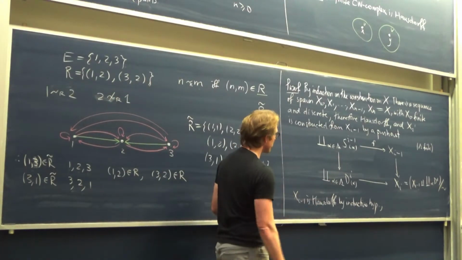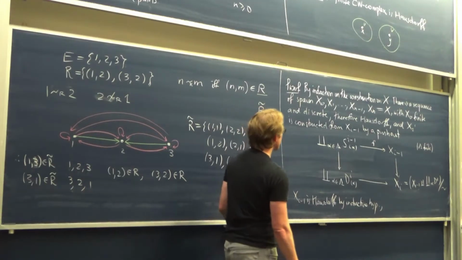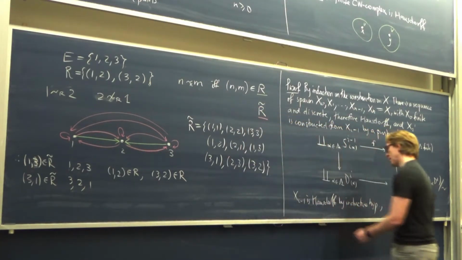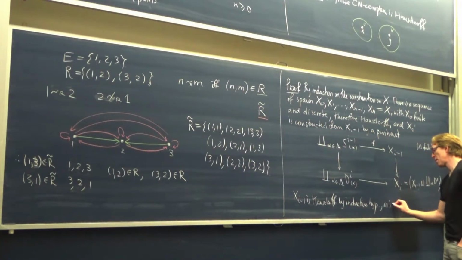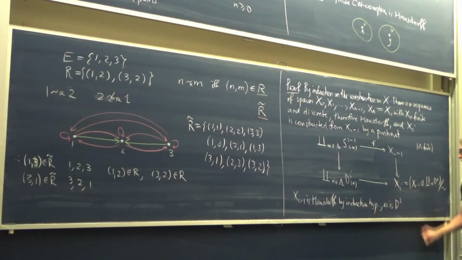A subspace of a Hausdorff space is Hausdorff. So it's a metric space. And any disjoint union of Hausdorff spaces is Hausdorff, so this thing there is Hausdorff. But as I mentioned at the beginning, quotients of Hausdorff spaces need not be Hausdorff, so we really need an argument here. We need to pay attention to what's actually happening. So let's now do that.